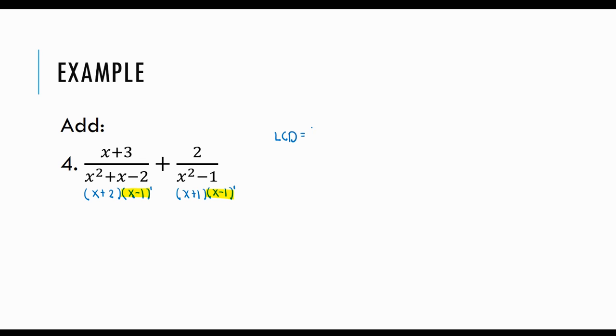Because they have the same exact thing, you only have to write that one time. But then you also have to include anything that was not the same. So that means we also have to include the x plus 2 and the x plus 1. So in this case, there are 3 binomials multiplied together to create my LCD. So I'm going to write that.